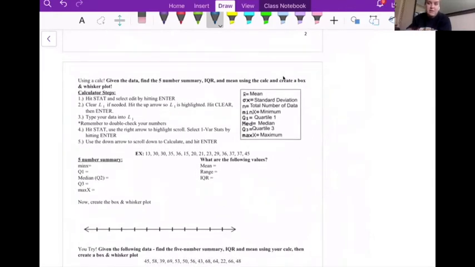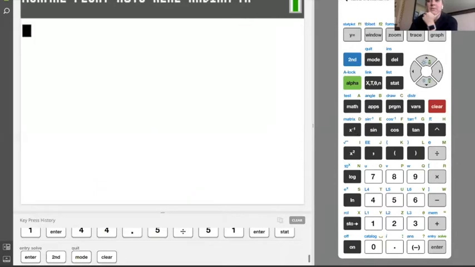So here are the steps. I'm going to switch over to my other screen so that way you guys can see how to do this on the calculator. So I'm going to walk through this with your calculator. Hopefully have the notes in front of you, and then we'll go back to the notes.